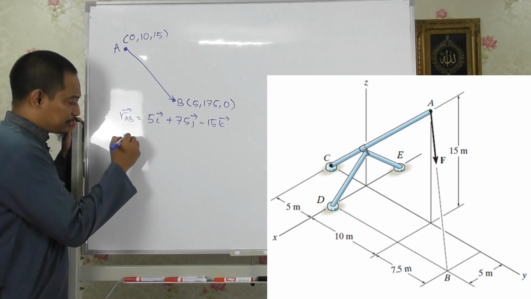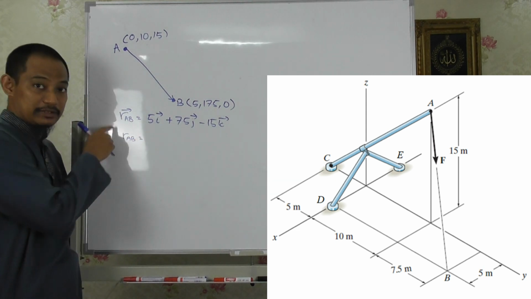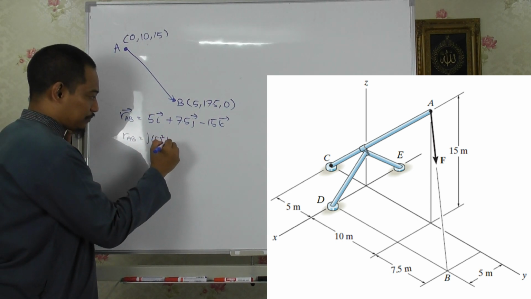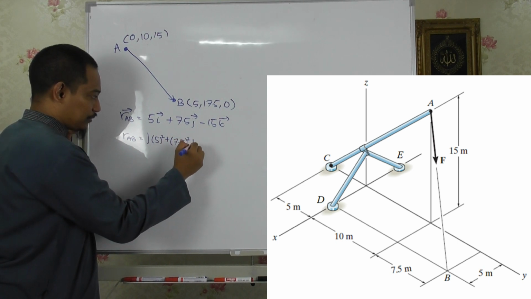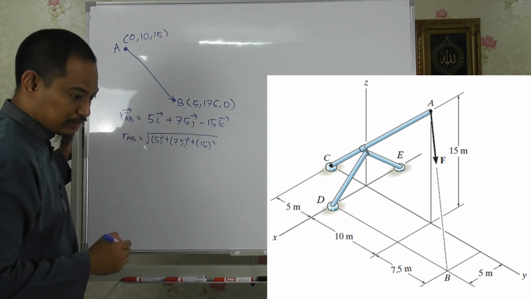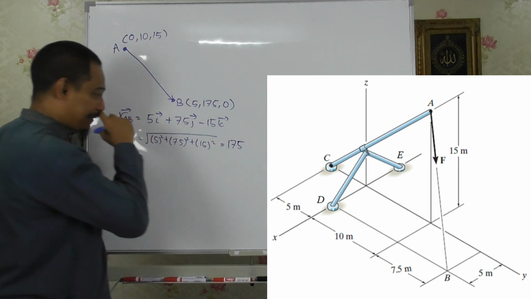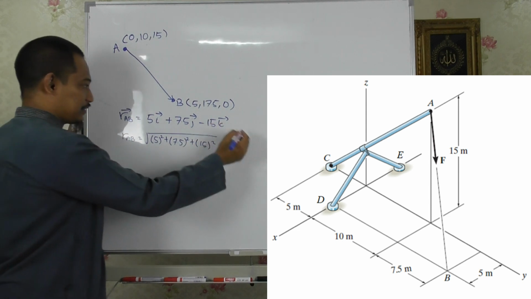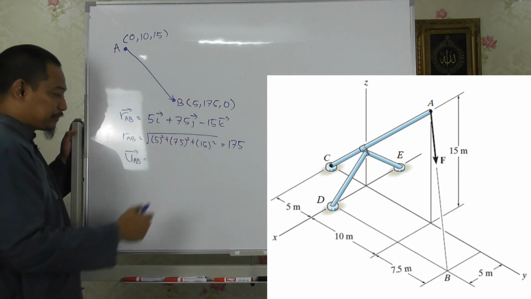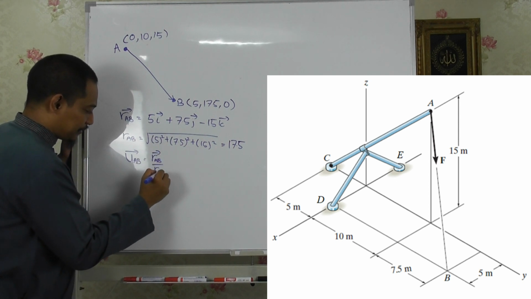right? For the magnitude RAB, please make sure you write properly to differentiate between vector and magnitude. The magnitude is just the square root of 5 squared plus 7.5 squared plus 15 squared. You will get 17.5, right? All of these are in meter. So the unit vector AB is just the RAB vector divided by the RAB magnitude.